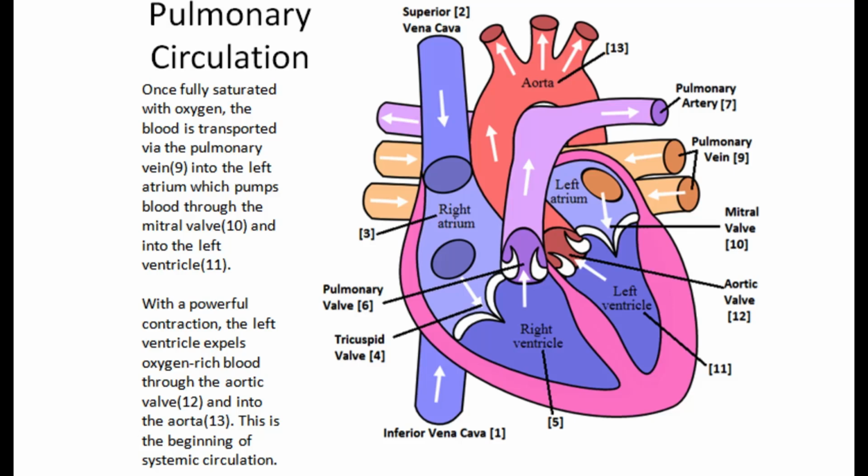This will go to the entire body. Oxygen rich blood through the aortic valve number 12 and into the aorta number 13. Through the aorta it will supply to the entire body.